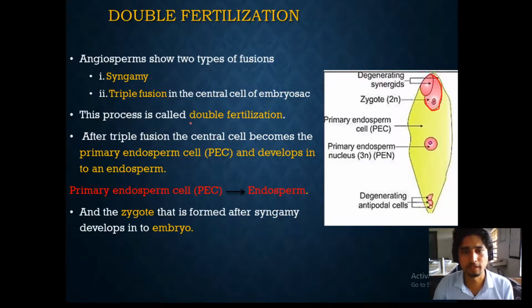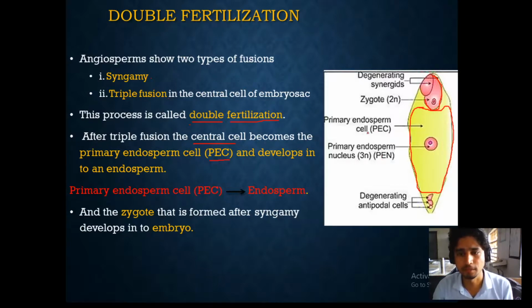This double fertilization, as we have said, is exclusively seen only in the angiosperms. After the triple fusion, the central cell around the polar nuclei, and we know the central cell is the largest one, forms the primary endosperm cell. So it is very easy: the polar nuclei form the primary endosperm nucleus, and the central cell forms the primary endosperm cell.